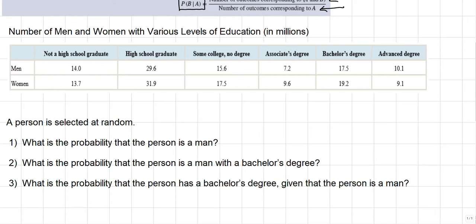Now the best way to do this is to actually look at an application problem. So we'll look at this table, which represents the number of men and women with various levels of education in millions. This isn't specified to a particular country or region, but we're just going to assume the US population.